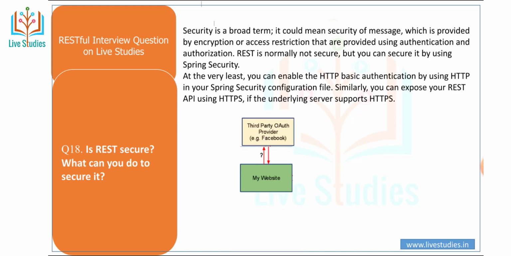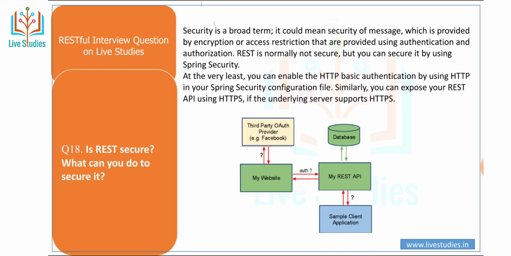A third-party auth provider like Facebook or Twitter, just for example. Then my REST web API connects to the website and my REST APIs. Then move to the database. You can connect my REST APIs to the database and simply send the data to the client applications.